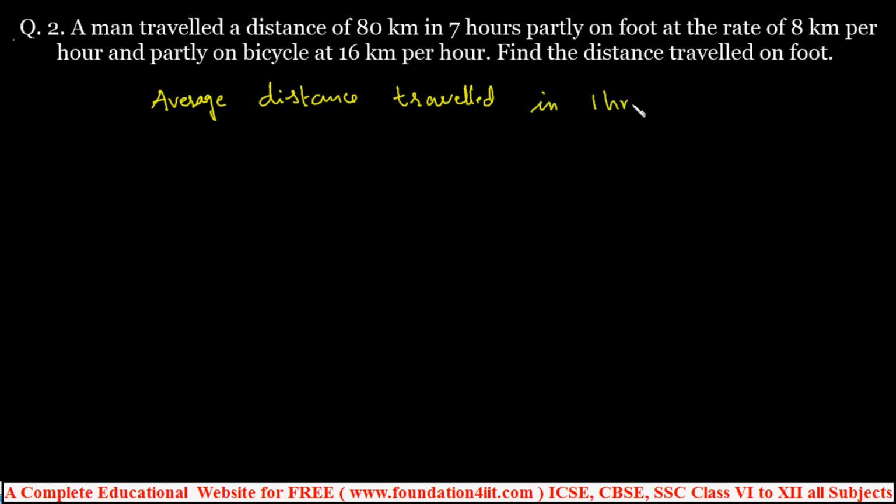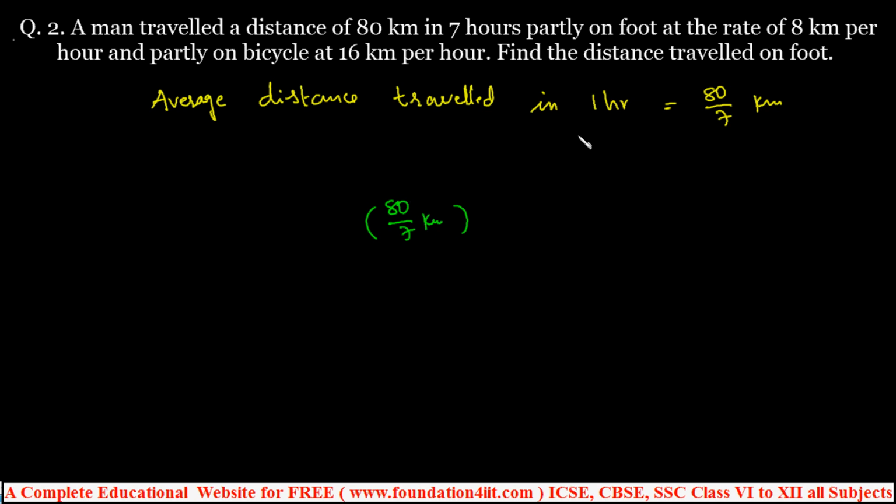So 80 kilometers in 7 hours, so in 1 hour, 80 divided by 7. 80 by 7 kilometers is the average distance traveled, right? Now let us write it in the center to make this simple. 80 by 7 kilometers.